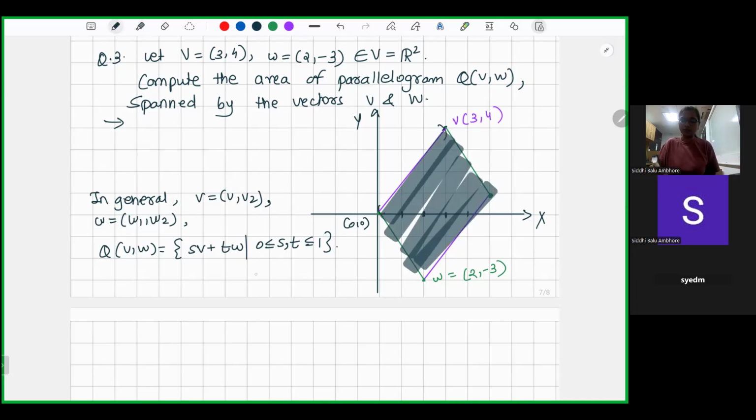So 0 represents 0 comma 0 here. And if I ignore this TW and only look at SV, my V is 2, 3, 4. So this is this span, right?